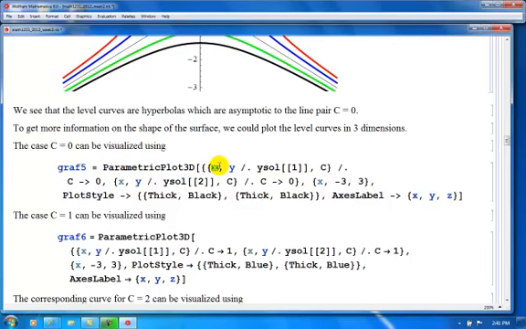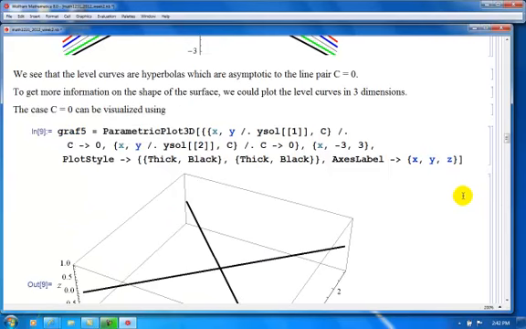So we have a function of x, and now we insert the value of y, which is a function of x, and then we use the value of c. So it's a parametric curve, and we can visualize that. And there, that's of course the axes.